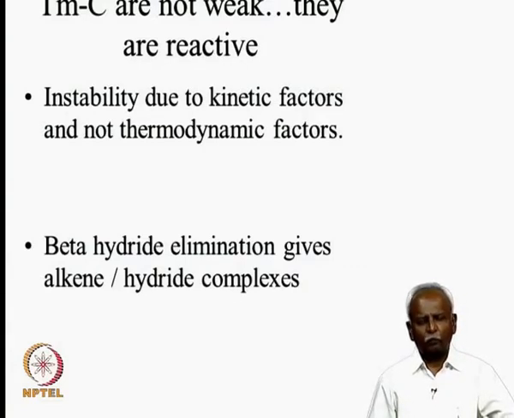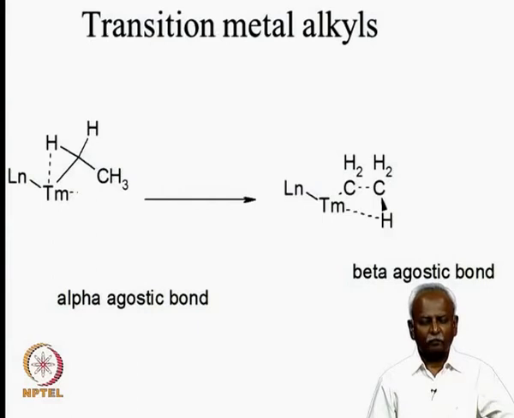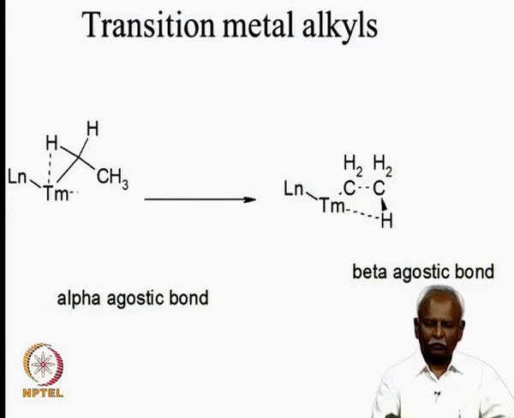Now, since we are going to discuss this reaction fairly extensively later, I will only mention here that as long as you have a beta hydrogen on the carbon attached to the transition metal, you can have an elimination reaction that results in an alkene being formed. So, if you have a transition metal with an alkyl group which has got a beta hydrogen, this is the alpha hydrogen and this is the beta hydrogen, and this is a transition metal alkyl bond.